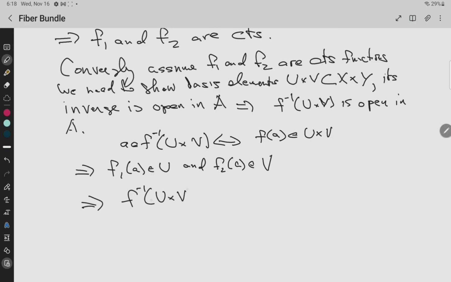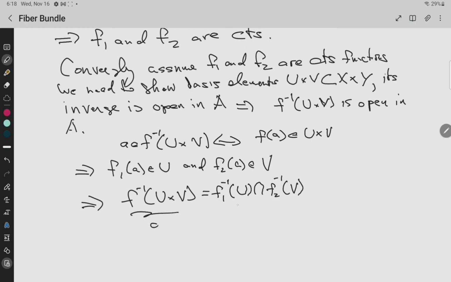So here it is again: the inverse of the basis element U cross V can be rewritten as f1 inverse of U intersection f2 inverse of V. This can easily be shown.